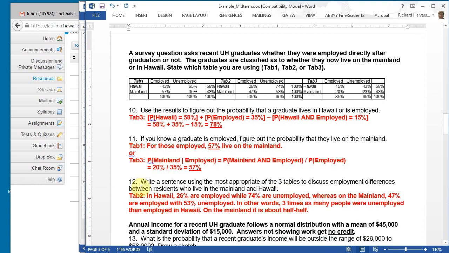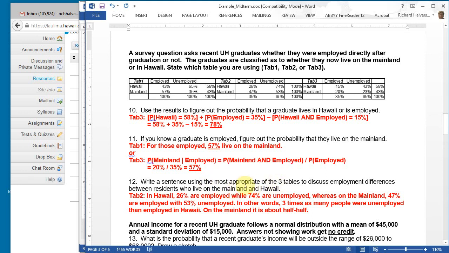Okay, 12. Write a sentence using the most appropriate of the 3 tables to discuss employment differences between residents who live on the mainland and Hawaii versus Hawaii.